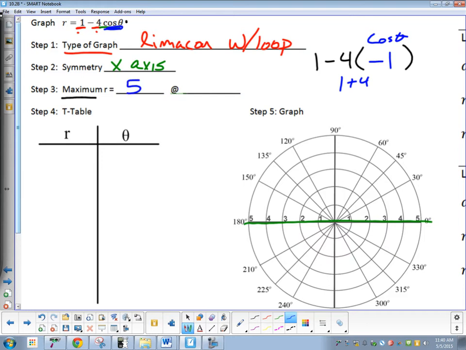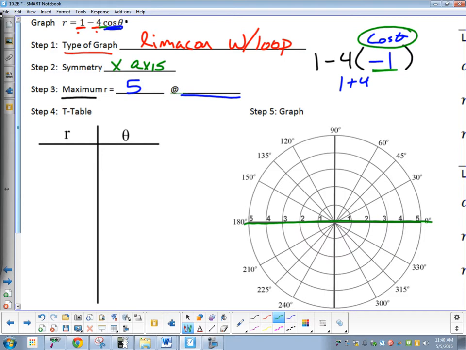So my graph, when I graph it over here, is going to go all the way out to the 5th ring. It's going to go all the way out to the 5th radius there. When is that going to happen? Well, I need to look on my unit circle for when cosine gets me -1. So I'm looking for X or Y. I'm looking where the X is -1.